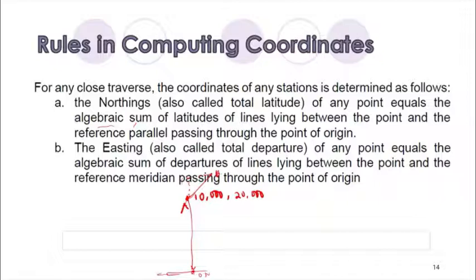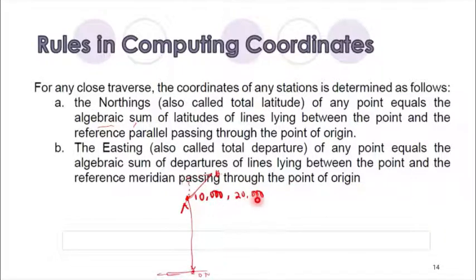For eastings, the eastings of any point equals the algebraic sum of departures of lines lying between the point and the reference meridian passing through the point of origin.